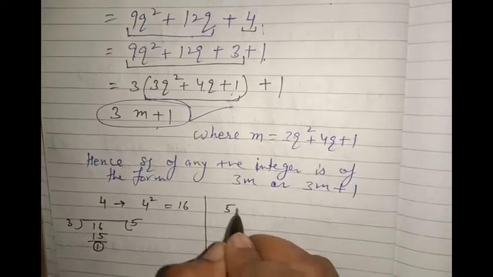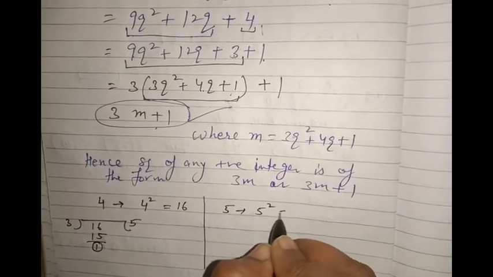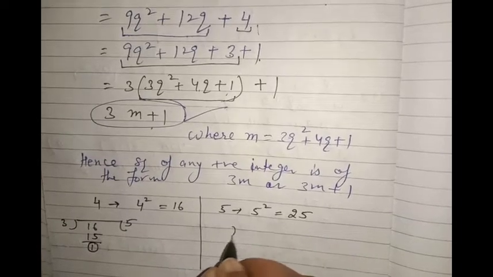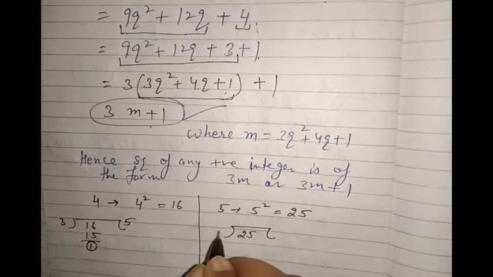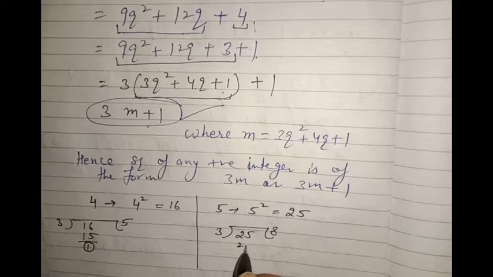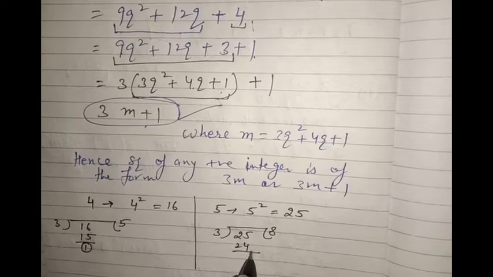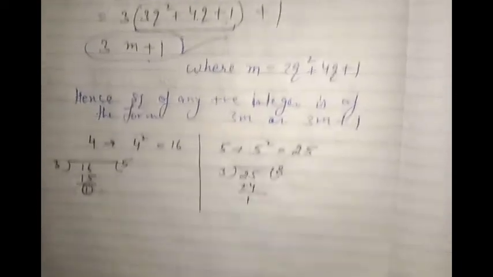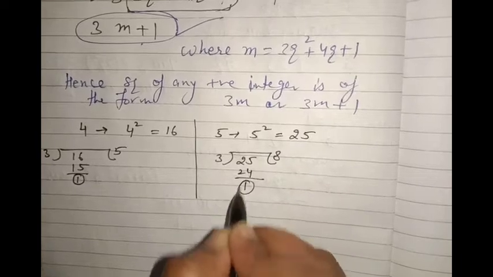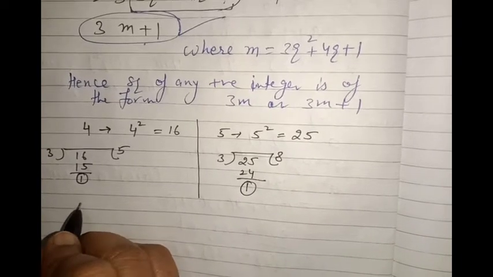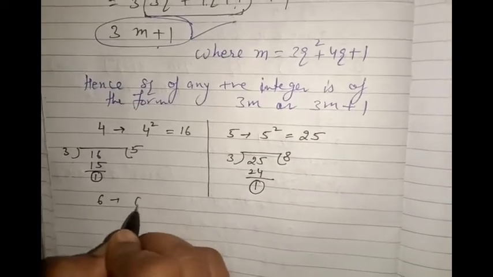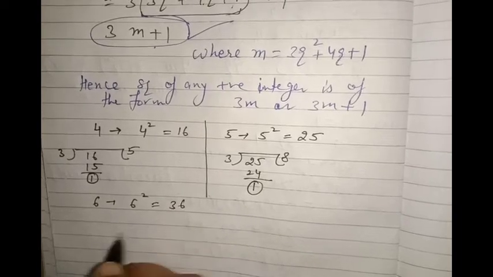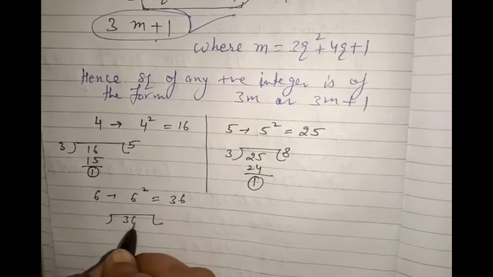Suppose I take 5. Square it. What do we get? 25. Divide this 25 by 3. What is the remainder? 1. Take any other number. Suppose I take 6. 6 square is 36. Divide this 36 by 3.